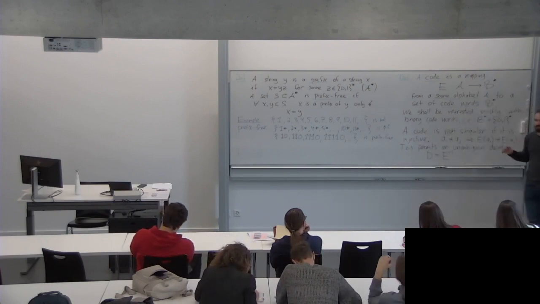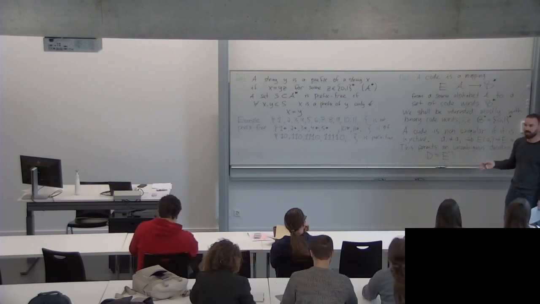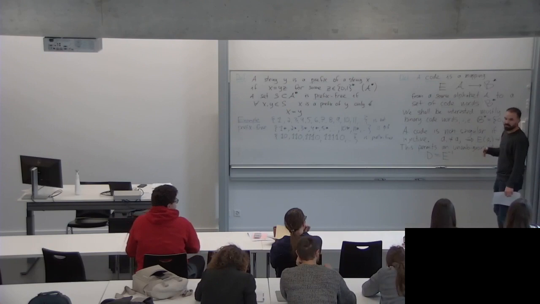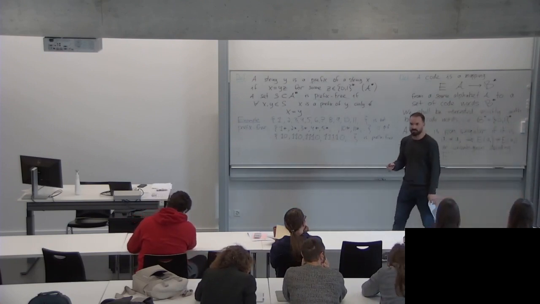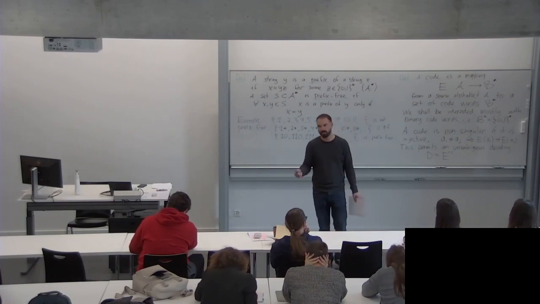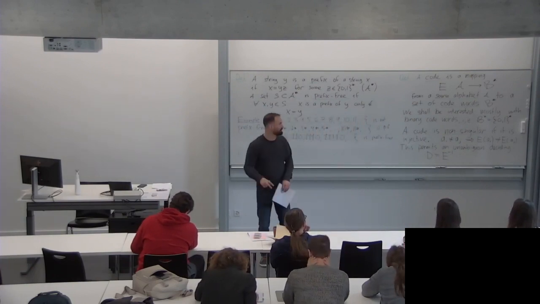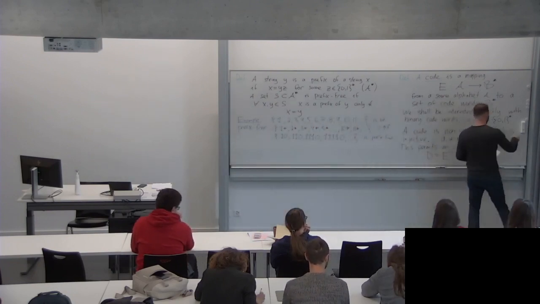For some authors, you don't even qualify as a code if you're not an injective map. To be a code, you send the code words and it needs to be unambiguous. If I receive 001, was that apple or was that orange? If there's an ambiguity, then it's called a non-singular code for our nomenclature.